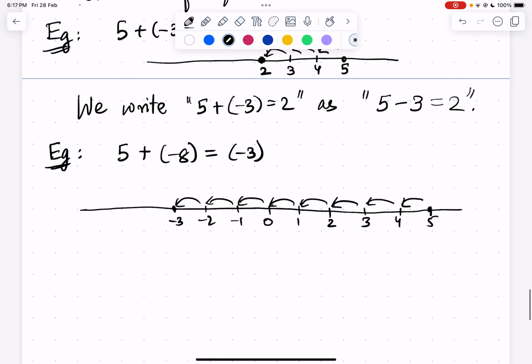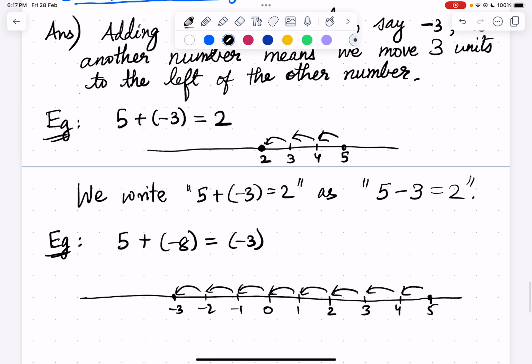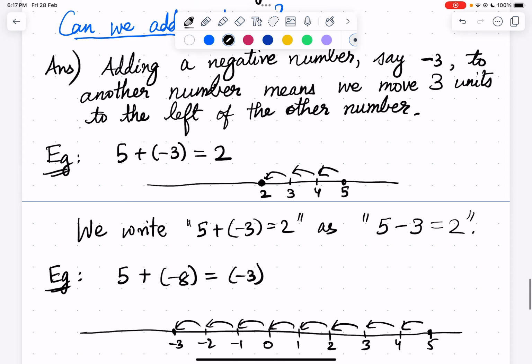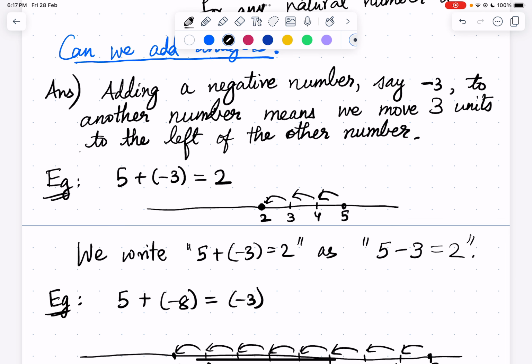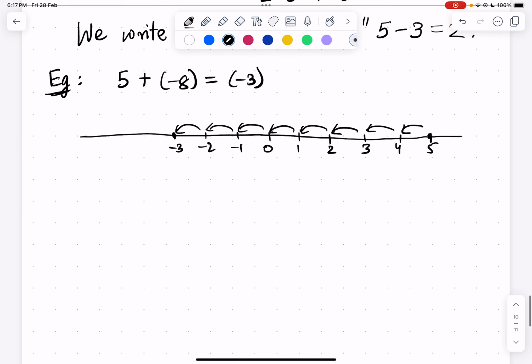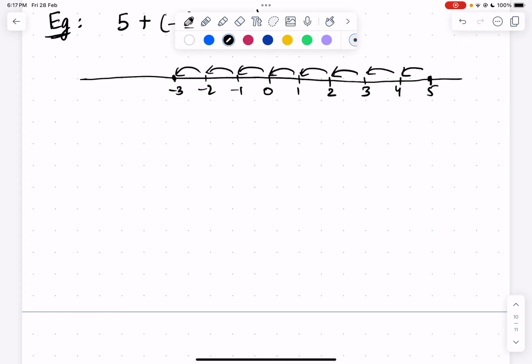So this is how we add any two integers. We can also take another example where both are negative, like minus 3 plus minus 8 is minus 11. To add minus 3, we move 3 units to the left. To add 7, we move 7 units to the right. Okay. This is how we add integers.